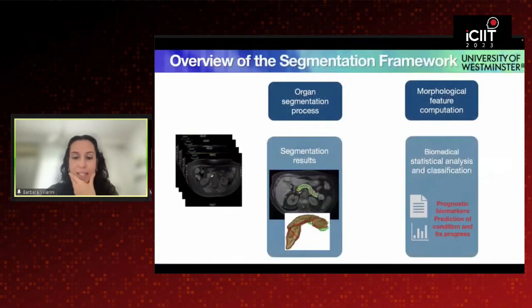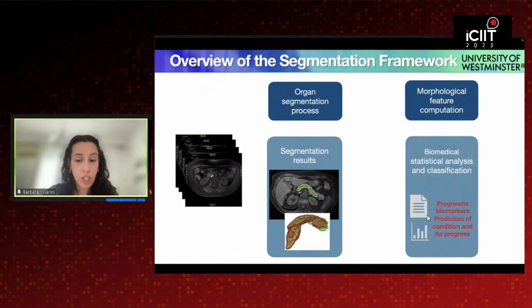So this slide shows at high level the proposed segmentation framework. So the idea is that from a radiological scan, we can obtain some prognostic biomarkers, which can be used to predict a condition or its progression.